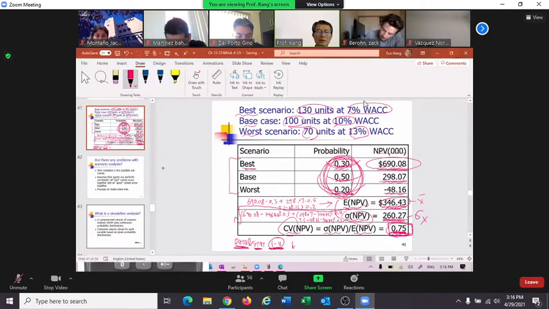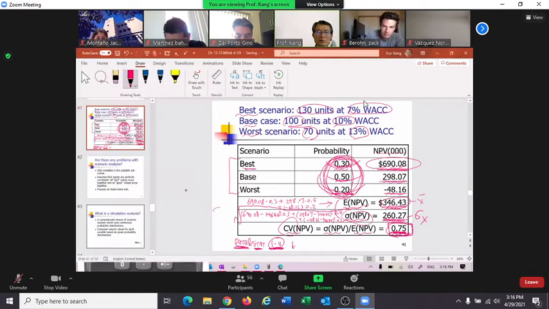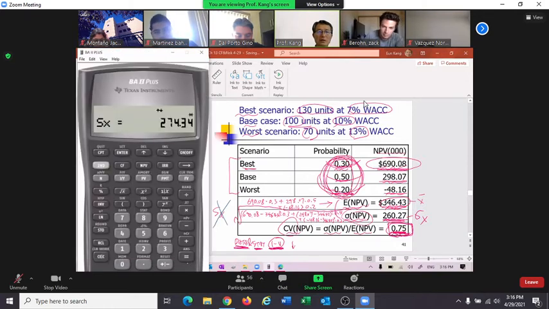And forget about sigma x, you should not use that, since it is the sample standard deviation, but this is the whole population, 100%. So the sigma x is 260.27. Okay, that's how to calculate.